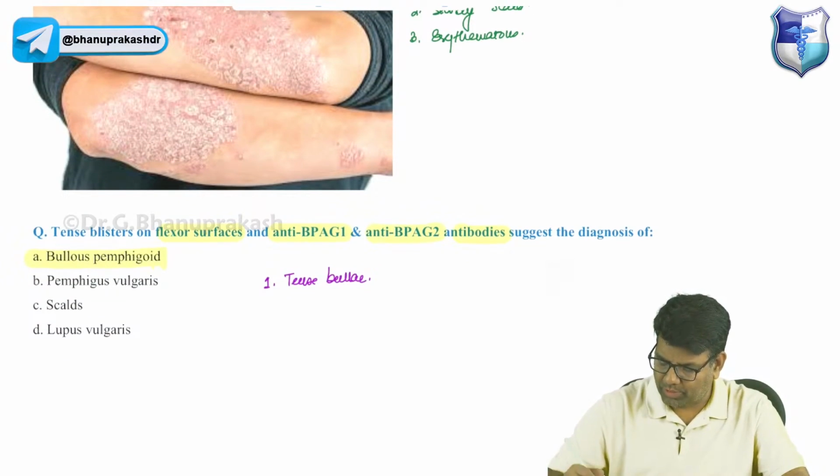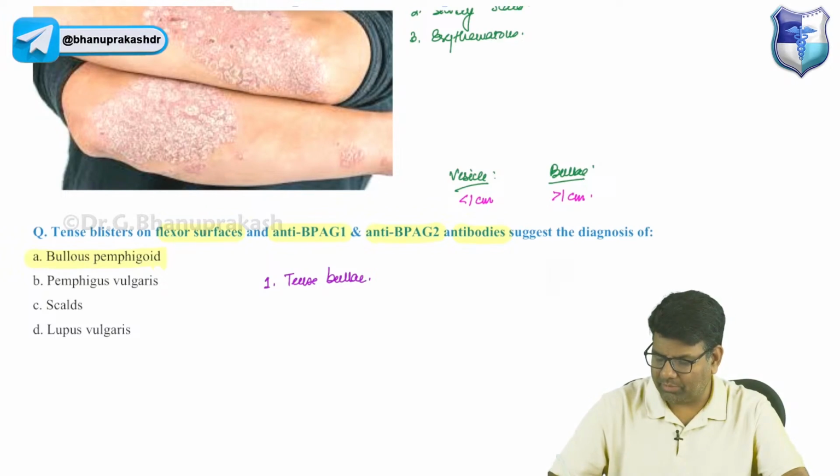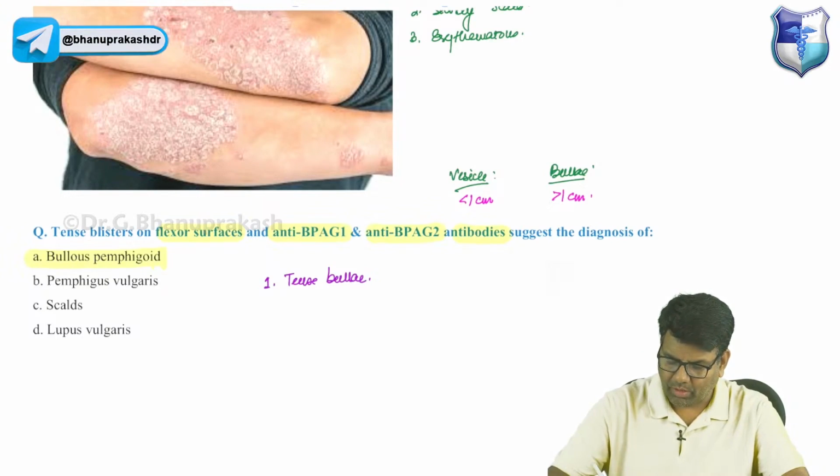Now, what is this bulla? Because there are two words, vesicles and bullae, you need to remember, and they differ in size. Bullae are more than 1 centimeter in diameter, vesicles are less than 1 centimeter, and both contain clear fluid in the lesions.